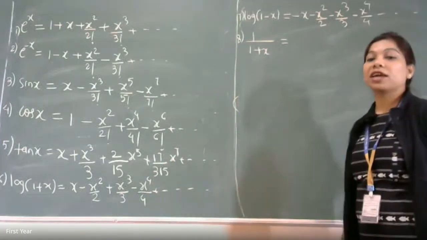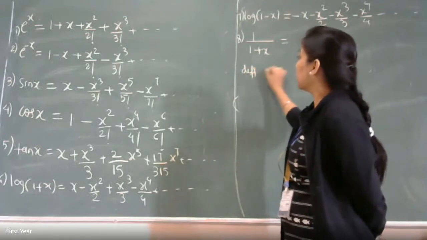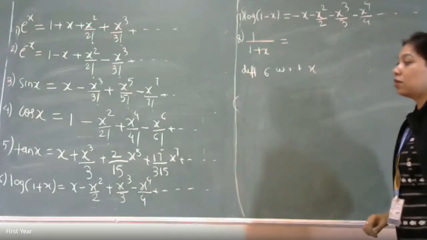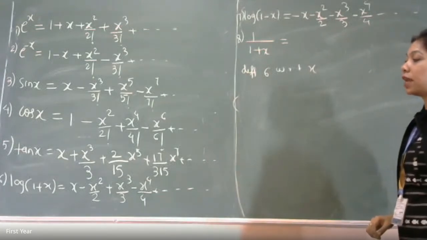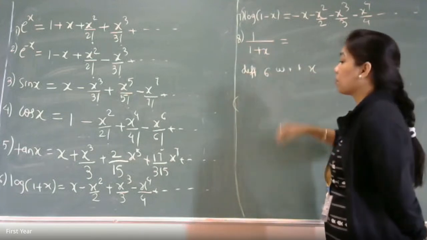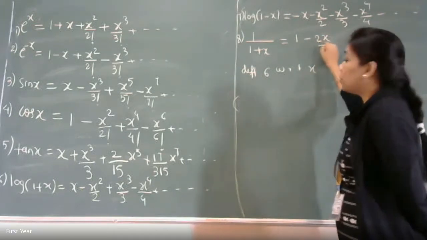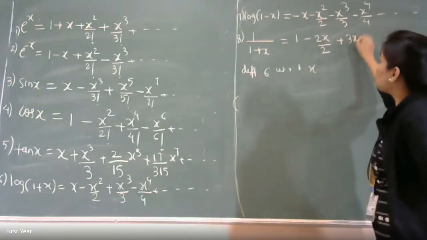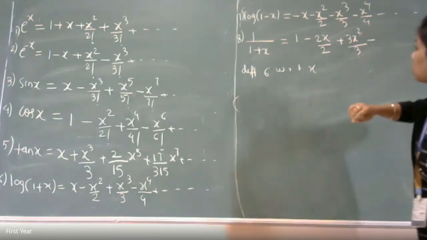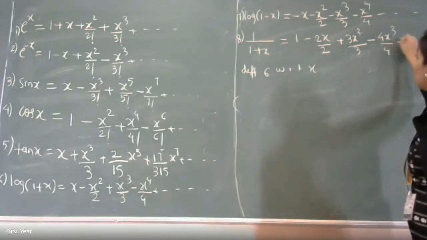Fine? So write down that. Differentiating 6 with respect to x. Log of 1 plus x, the derivative is 1 upon 1 plus x, which is equal to the derivative of x, which is 1, minus 2x by 2 plus 3x square by 3 minus 4x cubed by 4 and so on.